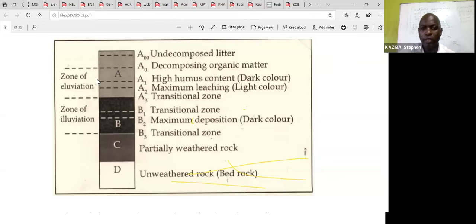Where you see tributaries joining a river at right angles, that is trellis drainage pattern. Where the tributaries are hooked, that is hooked drainage pattern. Where you see 2 rivers flowing in the same direction, that is spiral drainage pattern.